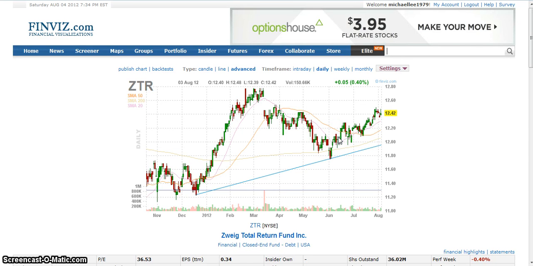I used to use limit sell orders a lot for my short-term trades, and I'm a very active trader, and I believe using the trigger in combination with the trailing stop is also for active traders because you're not fully protected on the downside, which I'll show you in a second. So let's say that we purchase ZTR here. If we set a limit sell order, let's say at 1260, where it looks like maybe there's some resistance, then this stock would automatically sell at 1260.